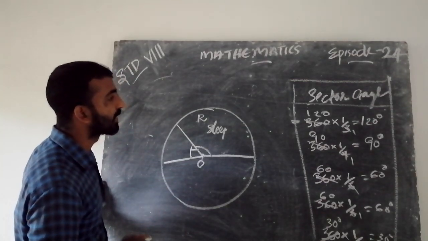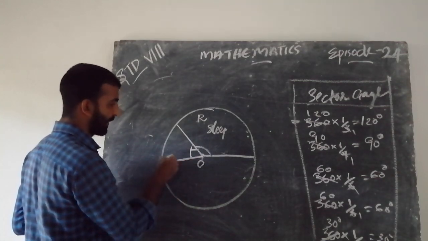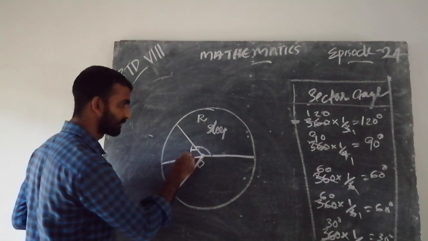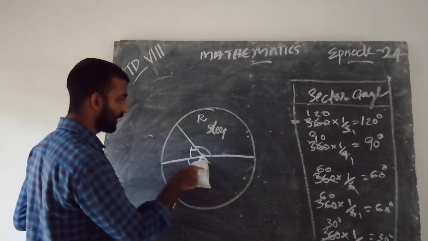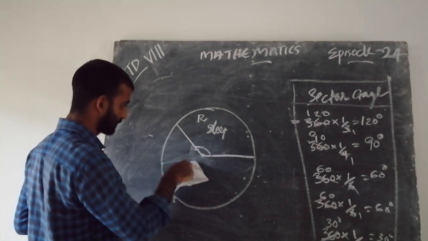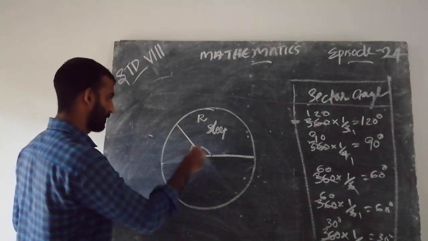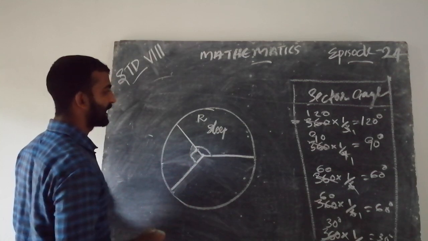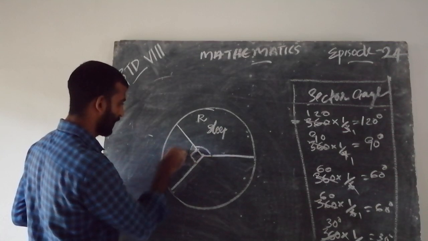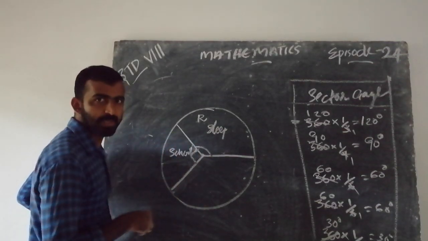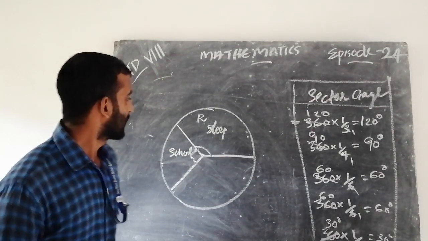Next we make 60 degrees on this line, and also 60 degrees. What is the second one? School.